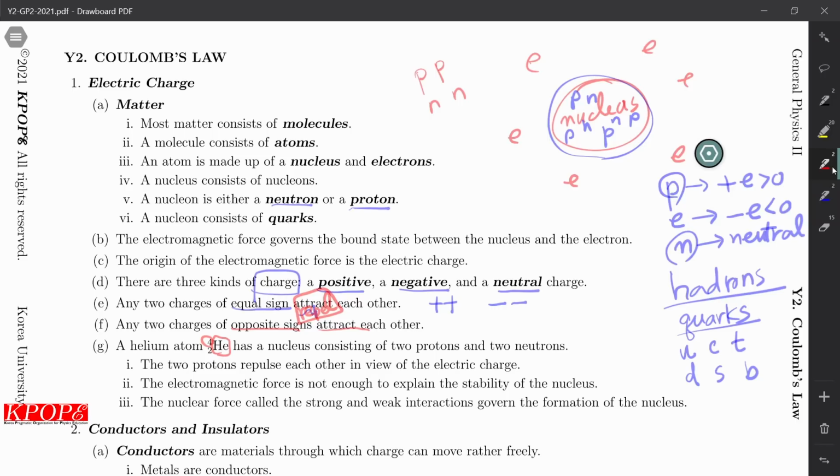So helium atom consists of 2 protons and 2 neutrons, so mass number is 4. And this number 2 represents number of protons, so that is atomic number 2. Mass number is 4.